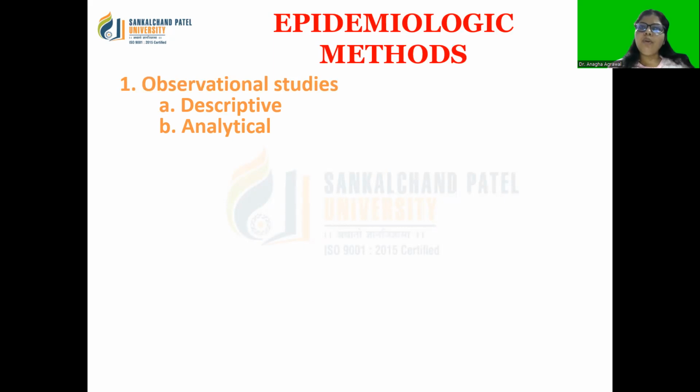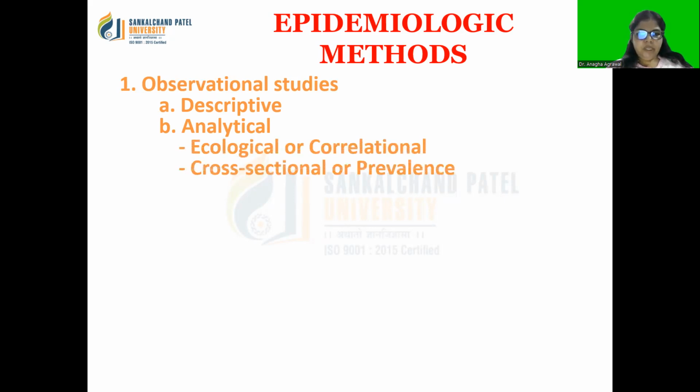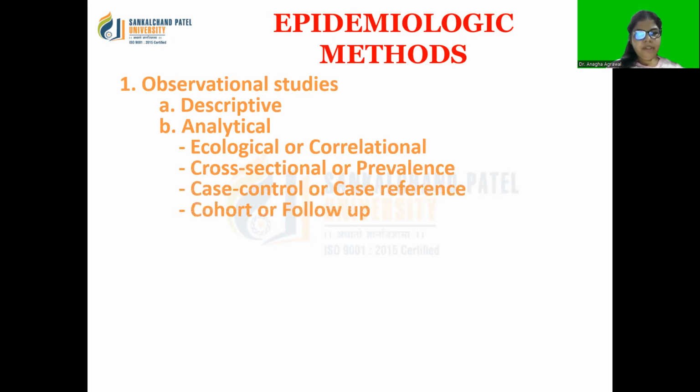Take some interviews, talk to the people, take their diagnostic tests or their indices, but you need not give something from your side or remove something from their life to come to a conclusion. The types of analytical study are ecological correlational study, cross-sectional prevalence study, case control or case reference study, and cohort or follow-up study.